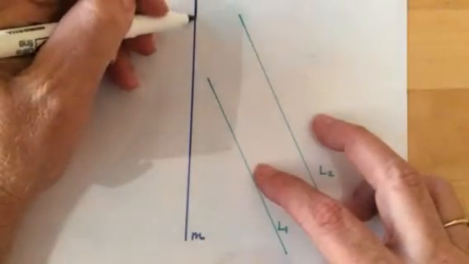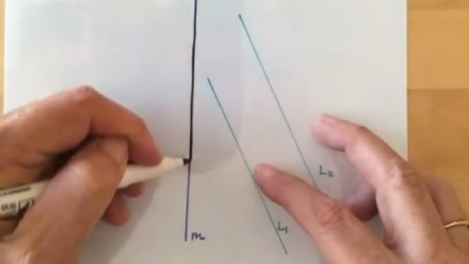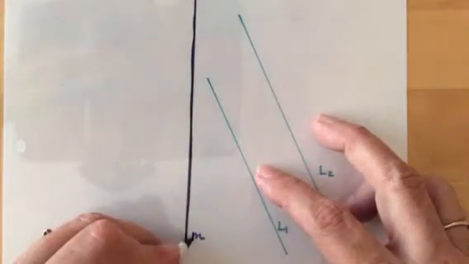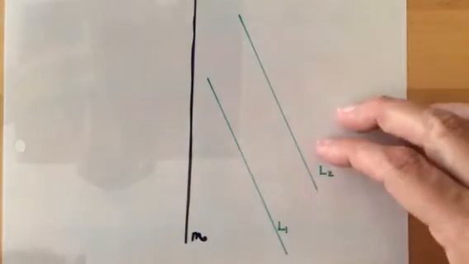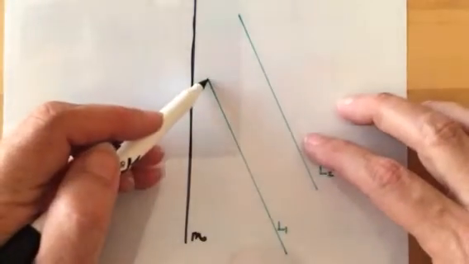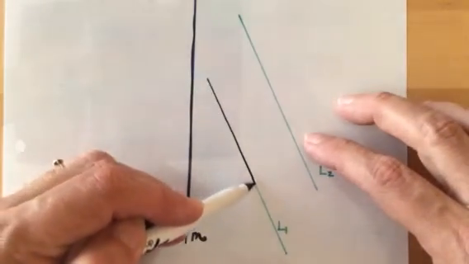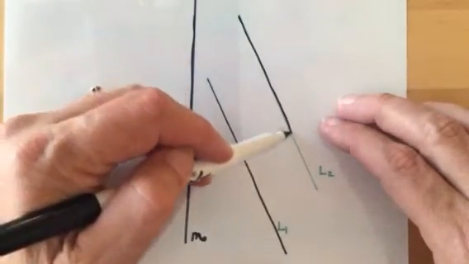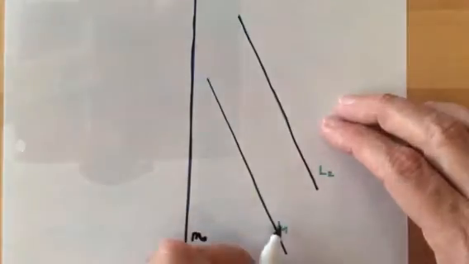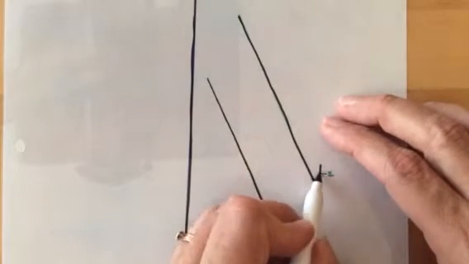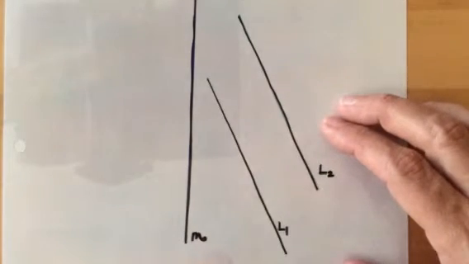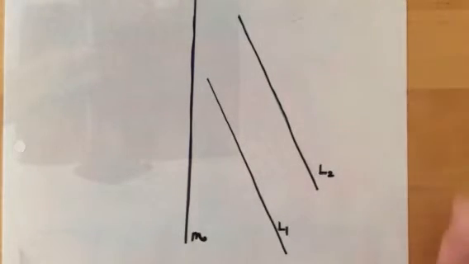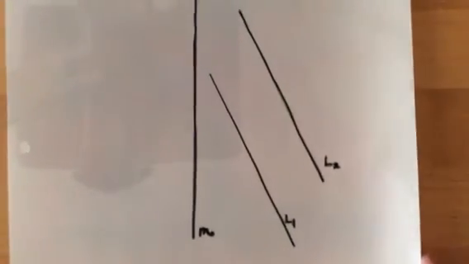Here's my line of reflection, M. And I've got line L1 that I'm going to reflect. And I've got L2. And I've drawn these so that they're parallel, L1 and L2. So L1 is parallel to L2. And I want to see what happens on reflection of those.